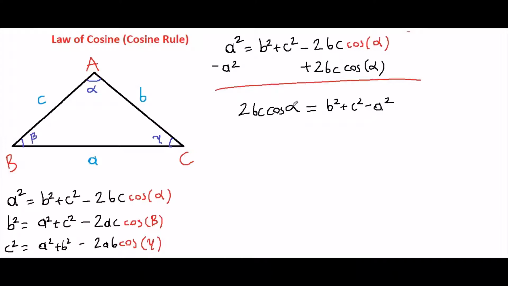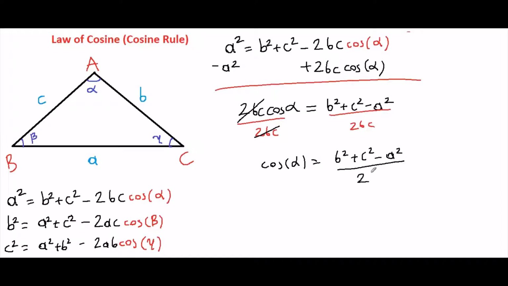We are solving for alpha, so we need to keep it alone. Now next step is to divide both sides by 2BC. So cosine alpha is equal to B squared plus C squared minus A squared over 2 times BC.